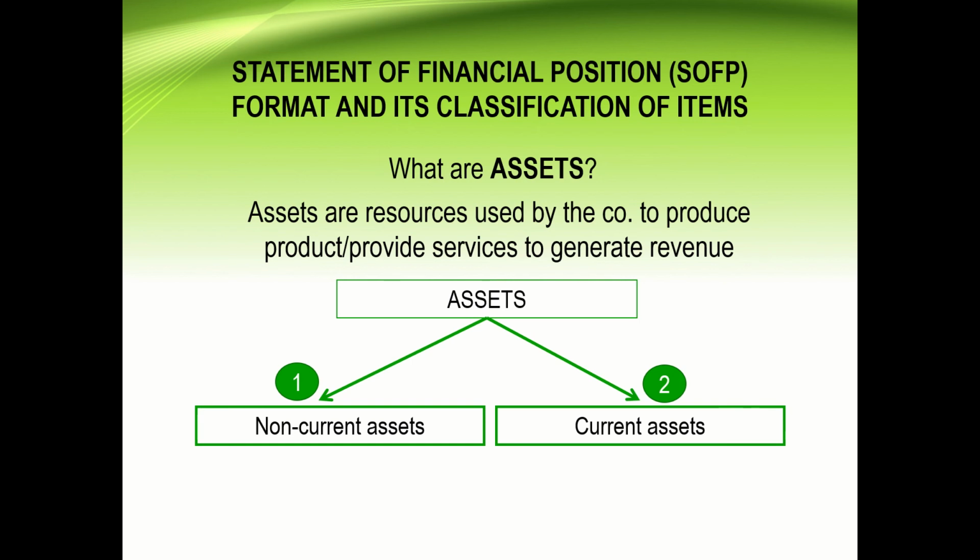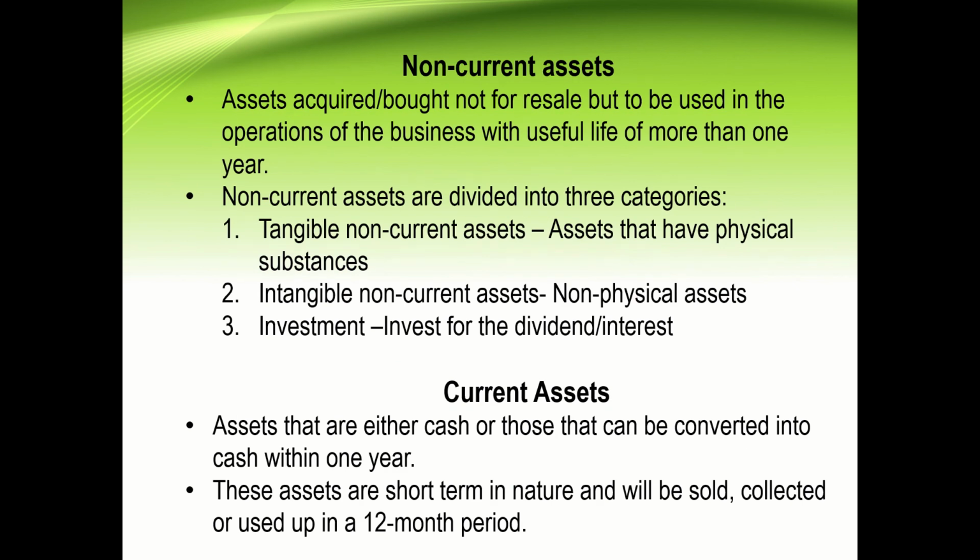One is non-current asset and another one is current asset. So what is non-current asset? Non-current assets are assets acquired or bought not for resale, but to be used in the operations of the business with a useful life of more than 1 year.